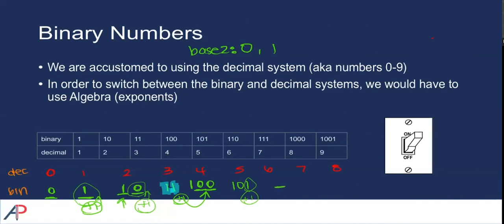I reset the rightmost place value to 0 and increment the next place value, which is perfectly fine because it's 0 at the moment. So 0 plus 1 is 1, legal in the binary system. And then I have a 1 here. So a 6 is 1, 1, 0.